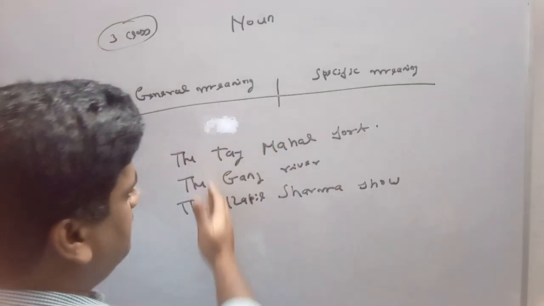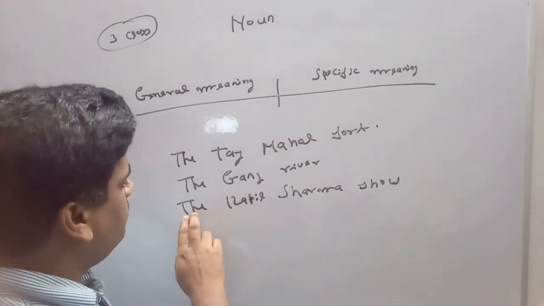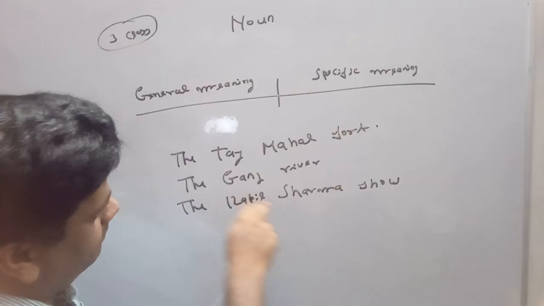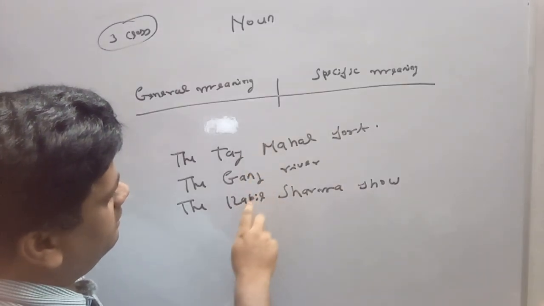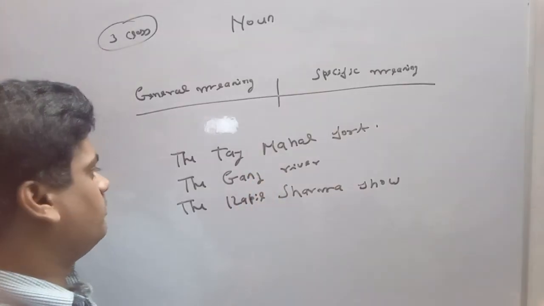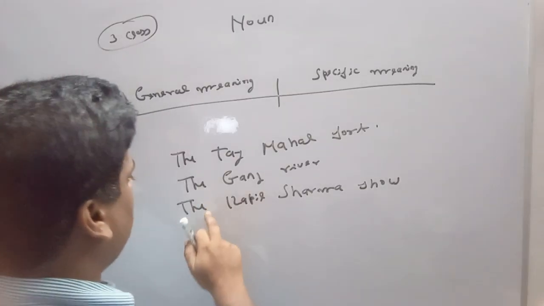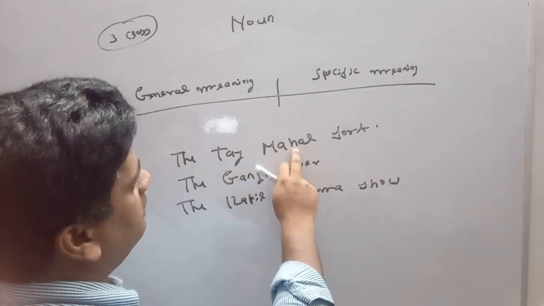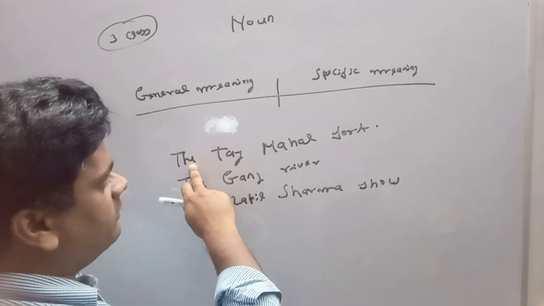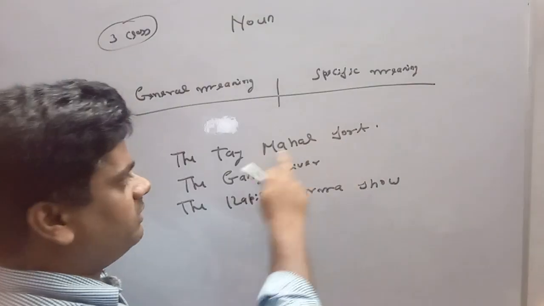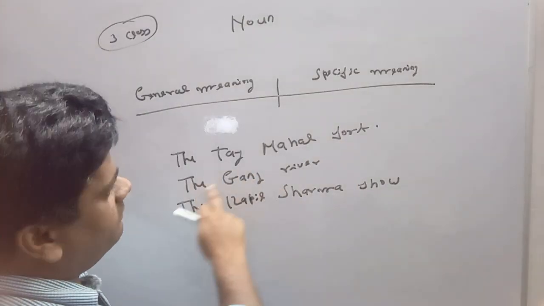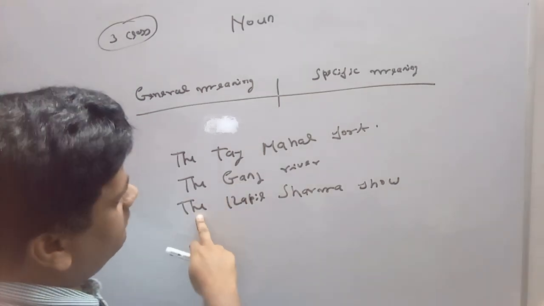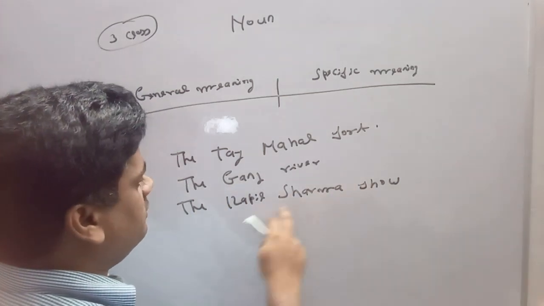But here we are using article. Why? Because articles are not working with the proper nouns such as Taj Mahal, Ganga and Kapil Sharma, but here article is working with common noun. In the Taj Mahal, here article is working with fort, not with Taj Mahal. Here article is working with river, not with proper noun Ganga. Here article is working with show, it is not working with Kapil Sharma.